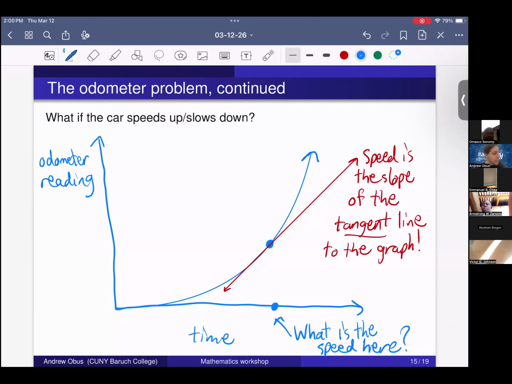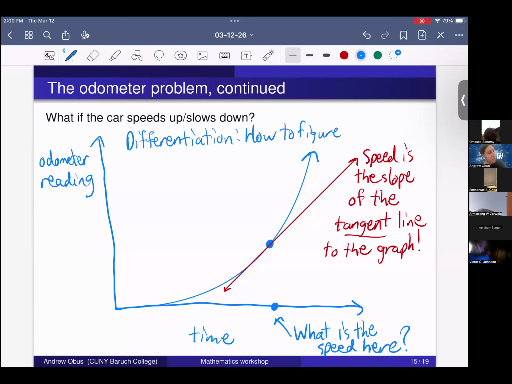In some sense, the point of differentiation is to be able to figure out this slope. The odometer problem is solved by differentiation. Differentiation is telling you how to figure out this slope. That's differentiation.